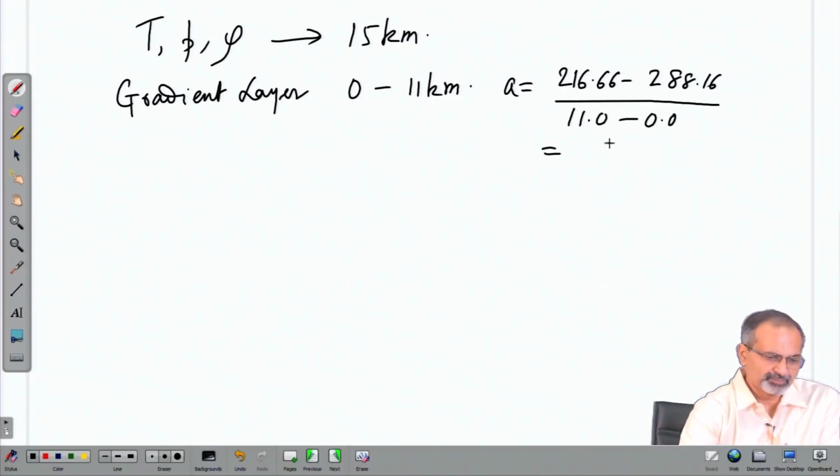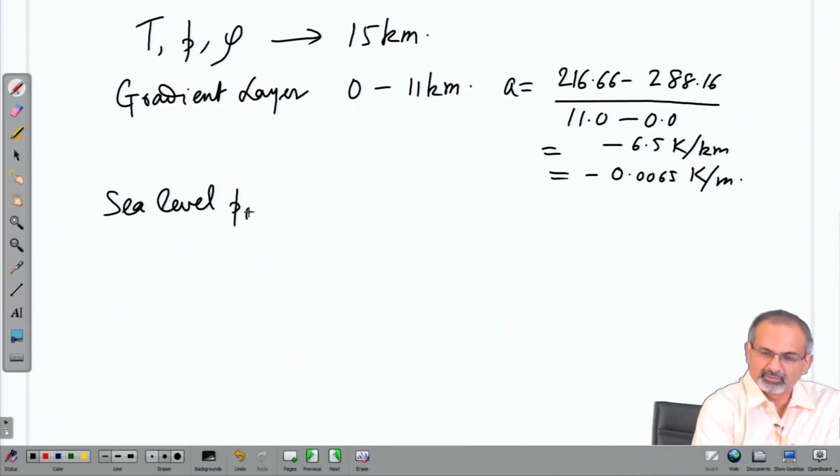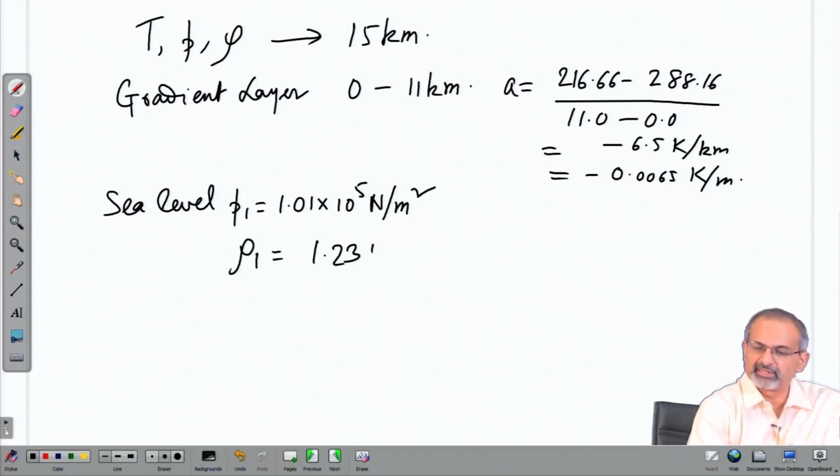So, that will give you minus 6.5 Kelvin per kilometer or minus 0.0065 Kelvin per meter. Let us assume the sea level values for pressure to be 1.01 into 10 raised to power 5 Newton per meter square, density as 1.23 kg per meter cubed.